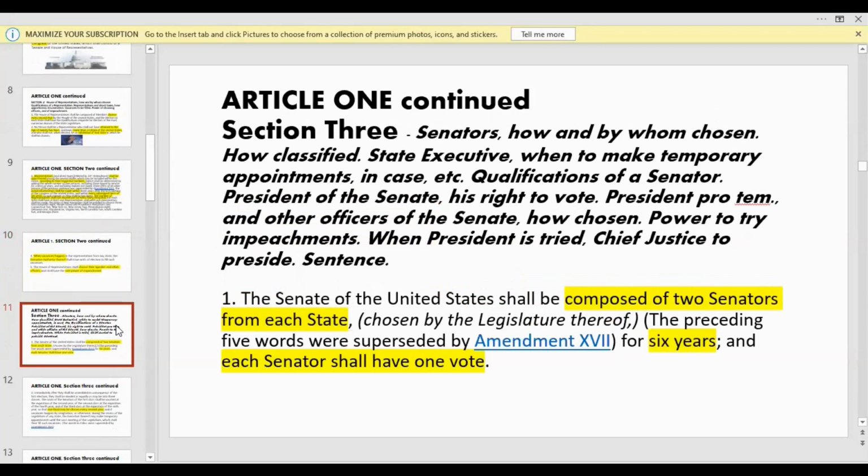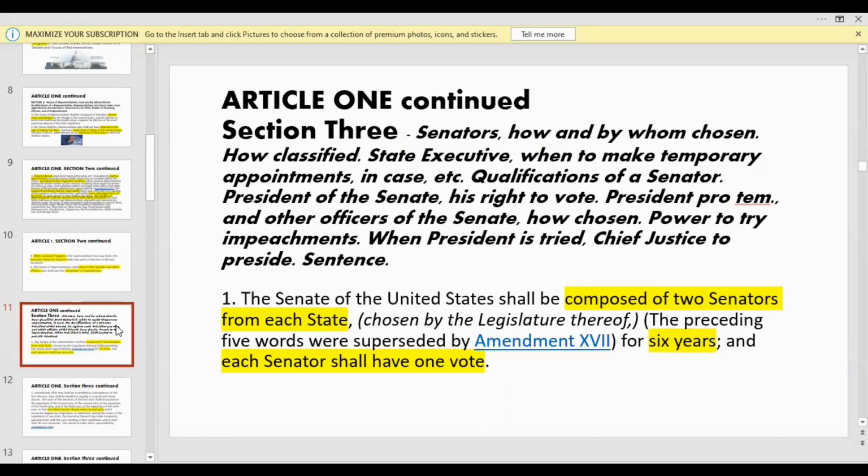Talking about the Senate now, the other house of Congress. And I would always tell my students, when you're talking about Congress, be very clear. When you talk about Congress, you are talking about the combination of the two houses, the House of Representatives and the Senate.